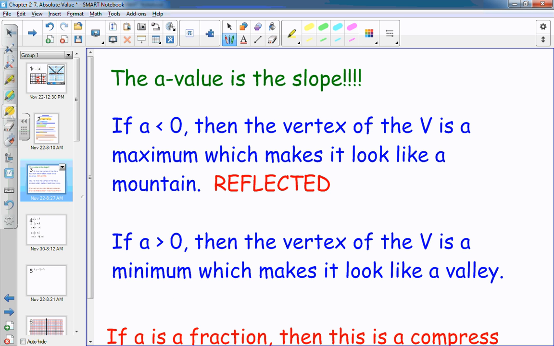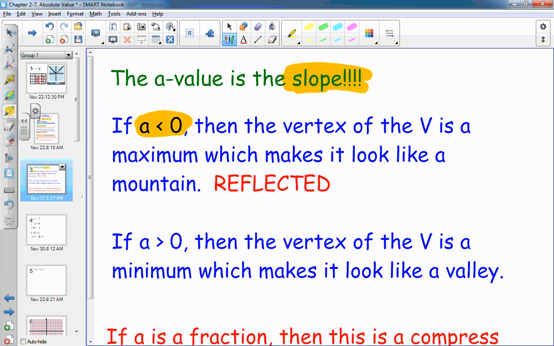Now, the next thing we need to talk about is the a value. The a value, I told you, has a lot of information in it. The first thing you need to understand is it is the slope. It is the slope. It is so important that you understand that this is the slope. If it is smaller than 0, meaning it's negative, you know what happens to my valley?